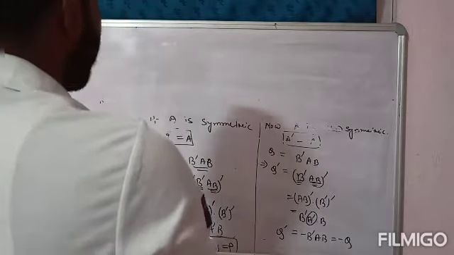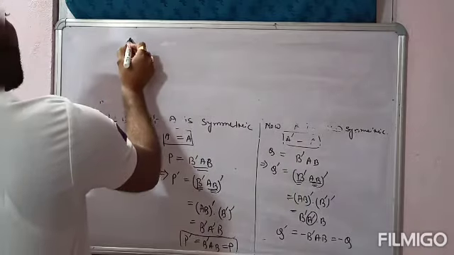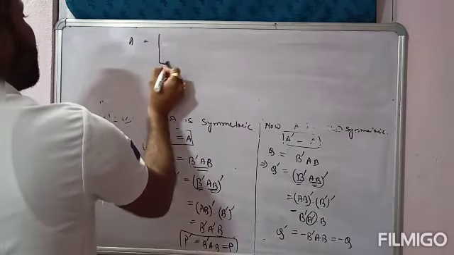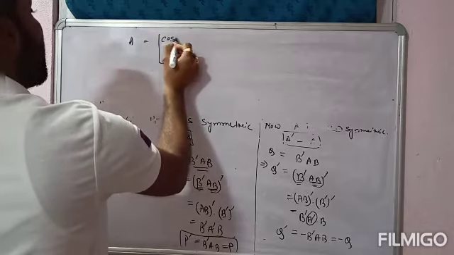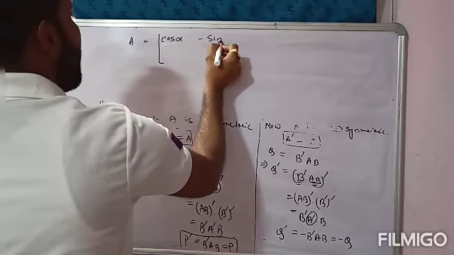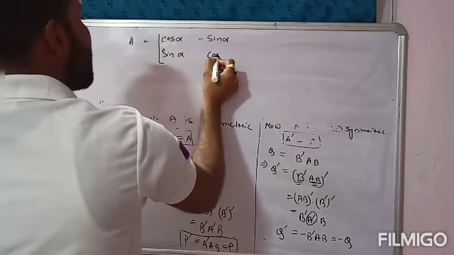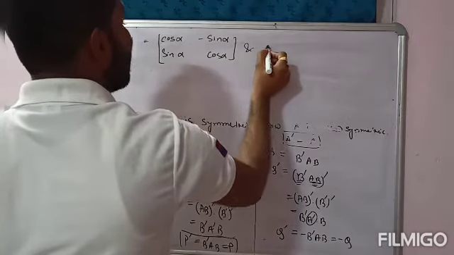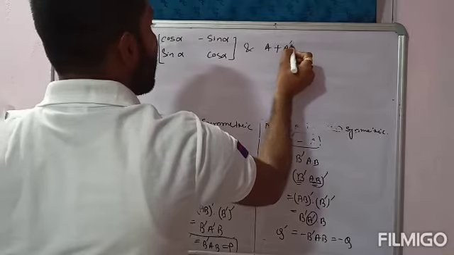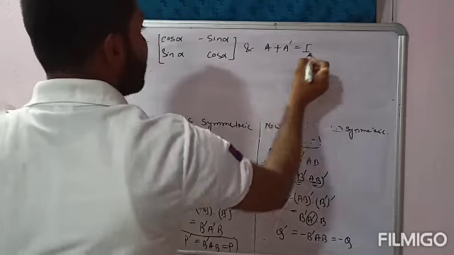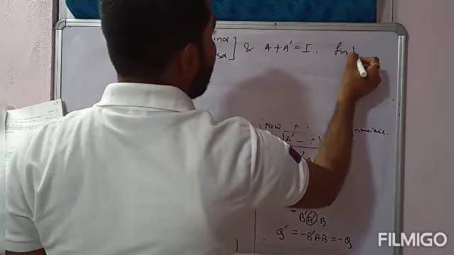So the next question is, if A is equal to cos alpha minus sin alpha, sin alpha cos alpha, and A plus A transpose is equal to I, then find the value of alpha.